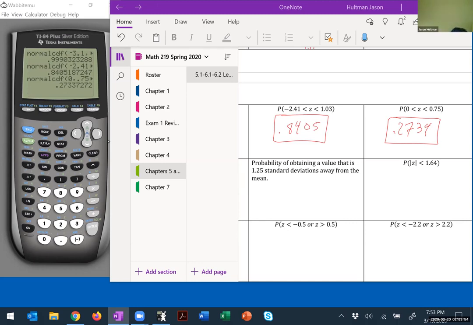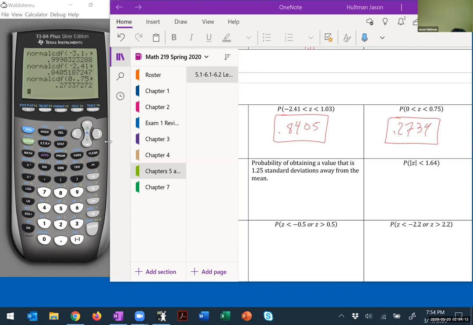Does that help? You just Google it, and it'll give you basically what StatCrunch offers, but just for this one application.